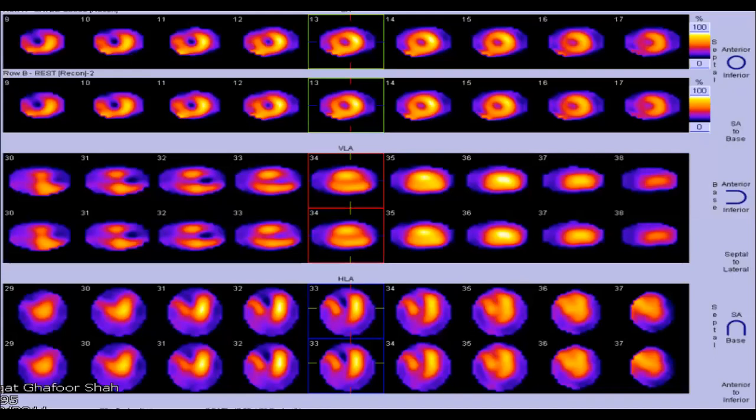The segments are anterior, anteroseptal, and the apex. Are these supplied by a single vessel? What do you think, LAD? When it belongs to a single vessel territory, that is going to be considered as one defect, so it's going to be a large defect.